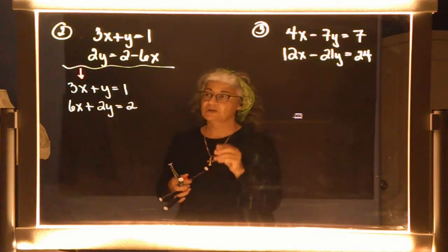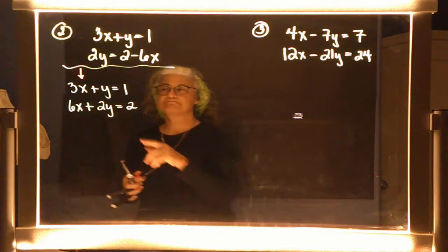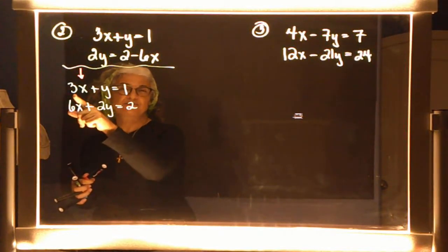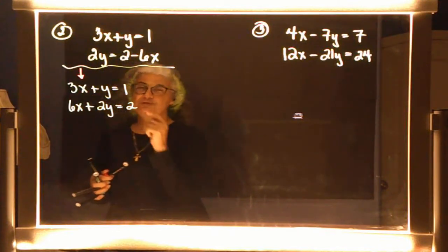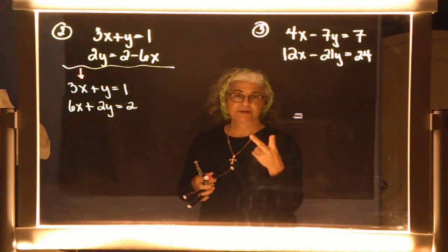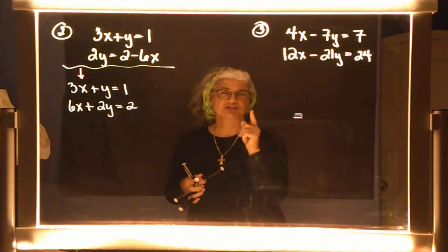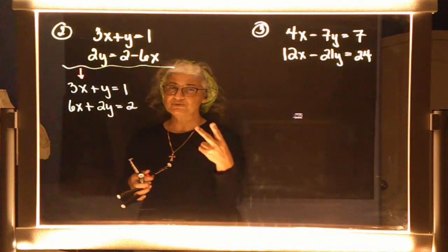So, well, this is a 6, this is a 3. Can't I turn a 3 into a 6? By doing what? Multiplying by 2, correct. Are you going to just multiply the 3x by 2?